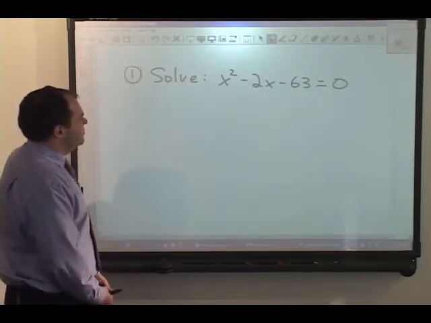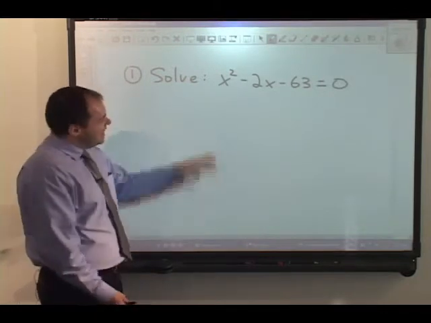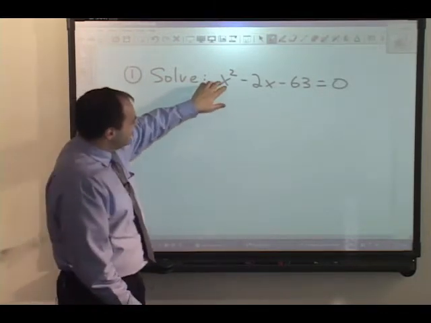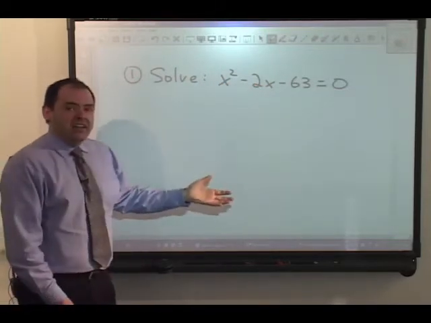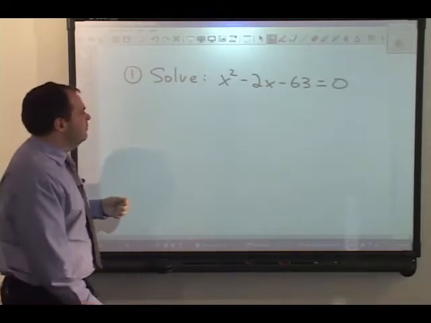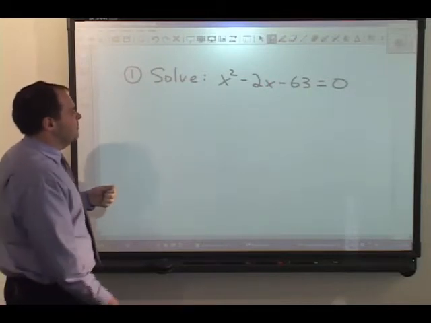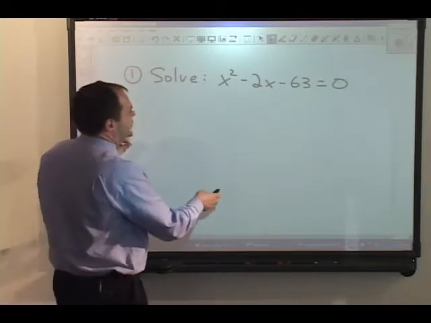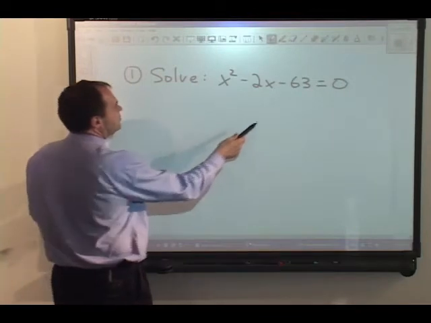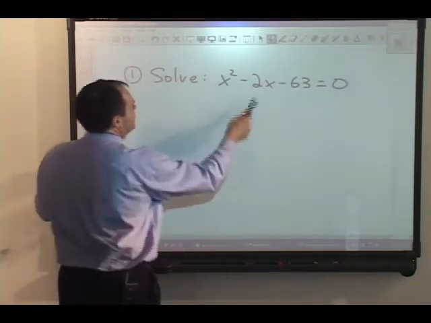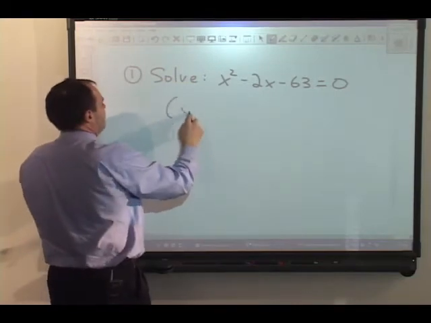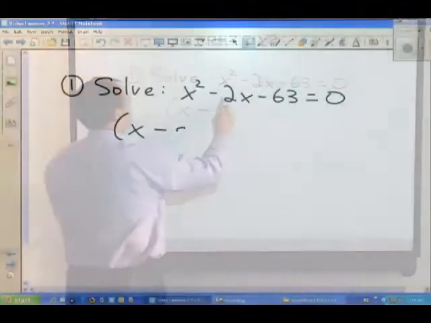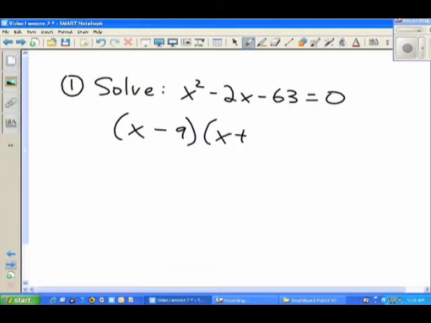The second thing we do, because we can't easily isolate x because the x's are of two different types, x squared and x, is we factor this polynomial through methods of factoring that we know how to do. In this case, we have a trinomial. We will be looking for two numbers that multiply to negative 63 and add or subtract to negative 2. So that would be x minus 9, x plus 7 equaling 0.